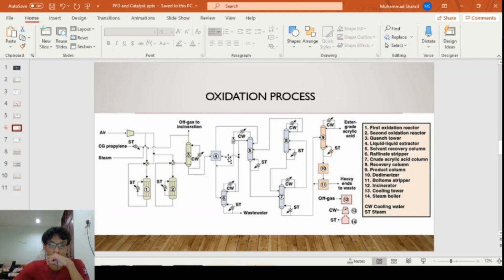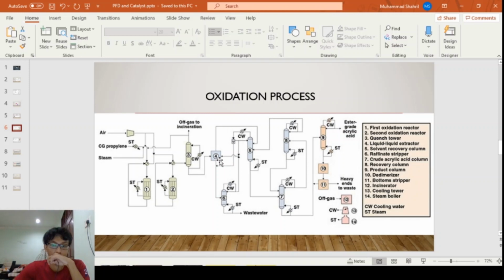The next step is the two-phase stream is separated, and the organic phase containing the solvent is recycled to the extractor here.